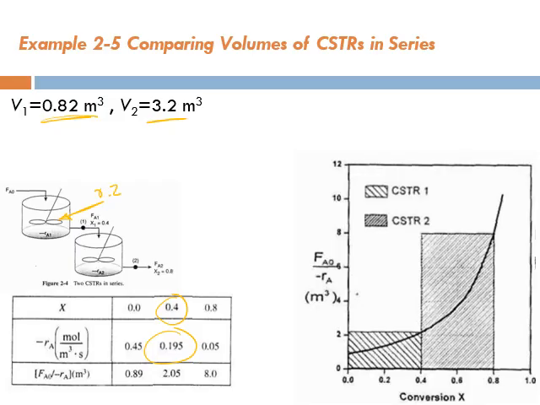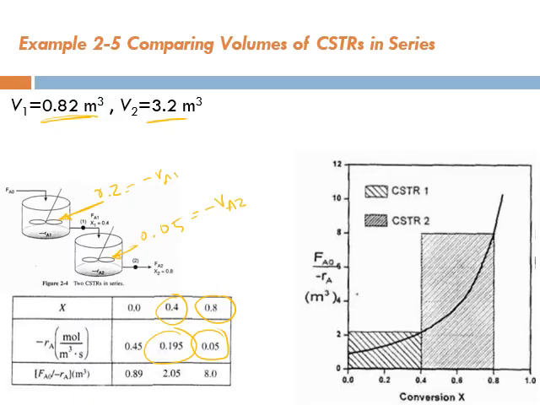Let's look at the second reactor. In the second reactor, we have a conversion of 0.8, right? So 80% conversion, only 20% of the material is left. So what's the rate of the reaction? It is 0.05. So this is minus RA1, this is minus RA2.